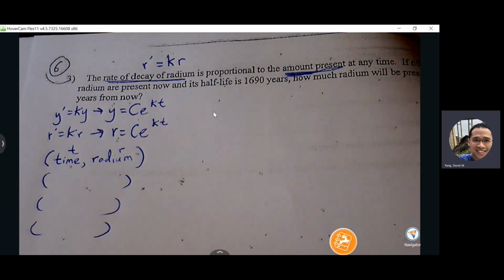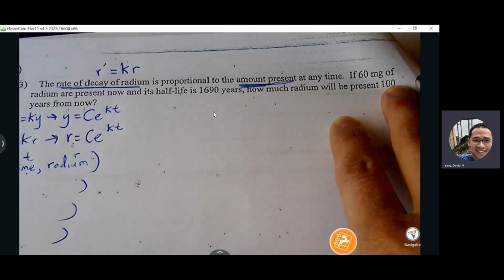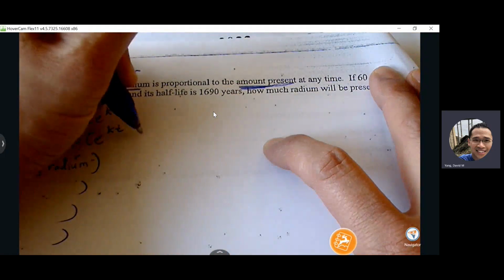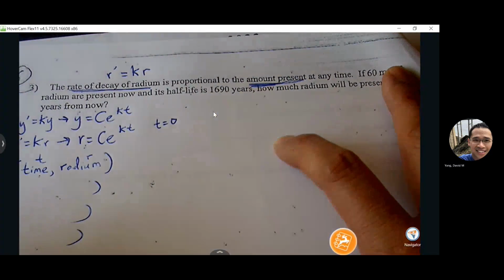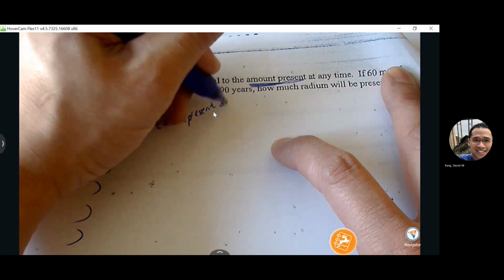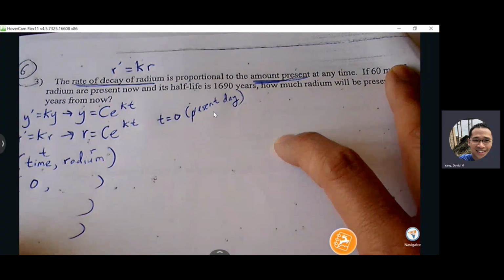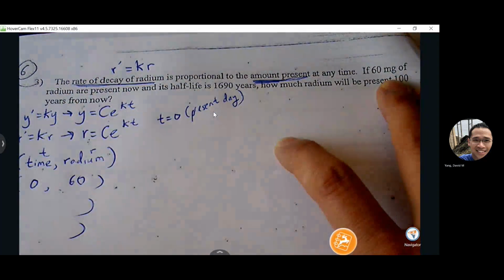So it says, if 60 milligrams of radium are present now, that means we'll let present day be t equals 0. We always want to involve 0 to help with the numbers here. So year 0, 60 milligrams are present.